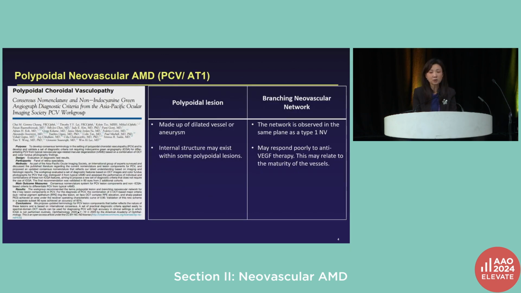As mentioned earlier on, polypoidal neovascular AMD, also known by other names, PCV, AT1, differs from typical neovascular AMD in that there are 2 lesion components, making the treatment response more complicated. In fact, the actual nature of each of these lesion components is still debated.